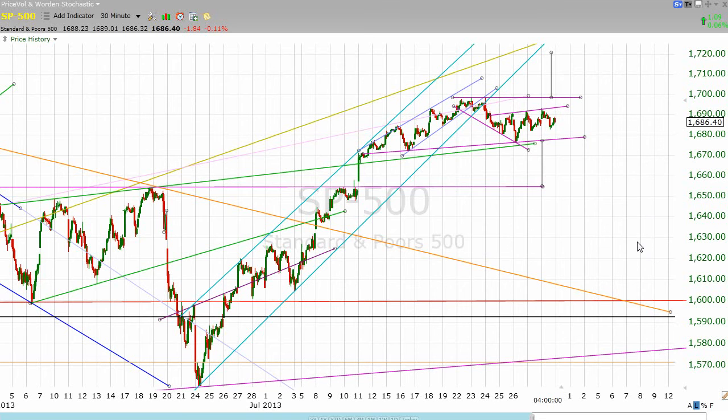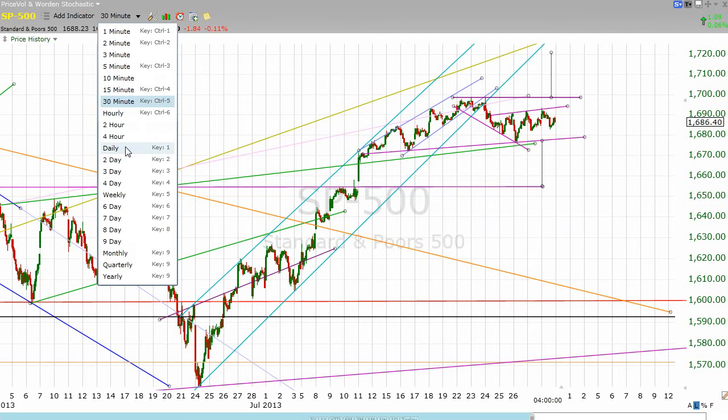However, we got over resistance that was at about 1655, 1654, and not only that, we got up to setting a new high in the S&P.